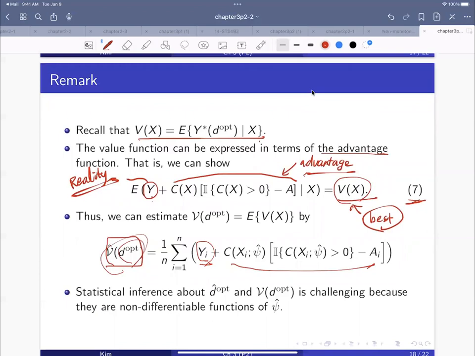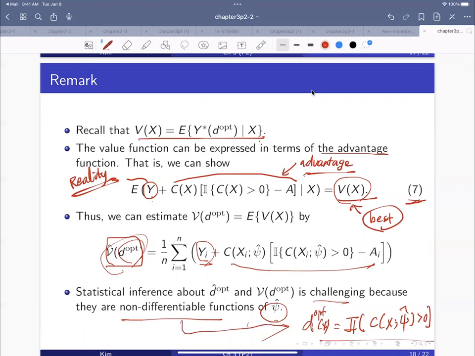That's a very interesting concept. The statistical inference is, however, challenging because they are non-differentiable functions. The whole idea is that the optimal rule is I(c hat(x) greater than 0). This function is non-smooth, non-differentiable, right? It's not just that; it's actually non-smooth.